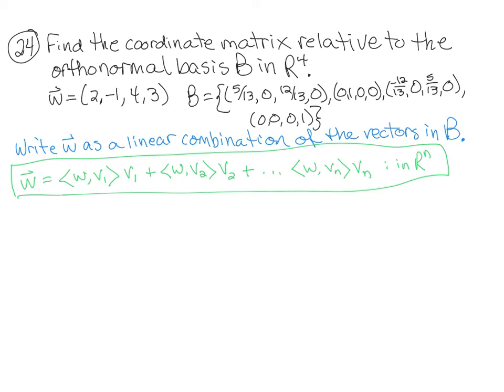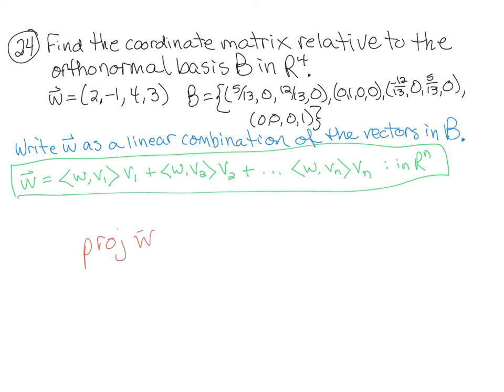So there's a particular way to do this. Now remember, the magnitude of all of these vectors is 1. So if you find the projection of W onto any one of these vectors, then let me just very quickly write the projection.